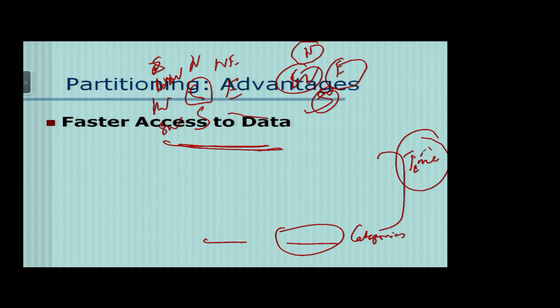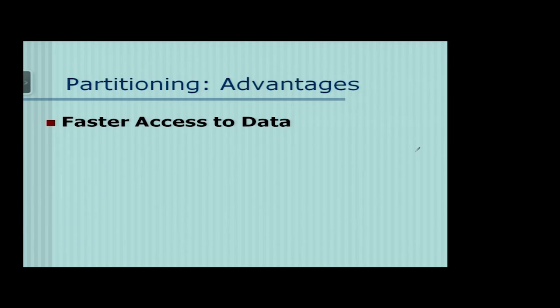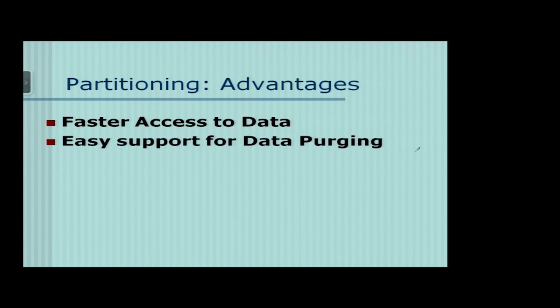So advantages of partitioning. So let me clear the annotations. So faster access to data, which I have discussed already. Easy support for data purging. This also I've discussed. Like if I want to purge the oldest partition data, I can do that. And parallel DMLs.